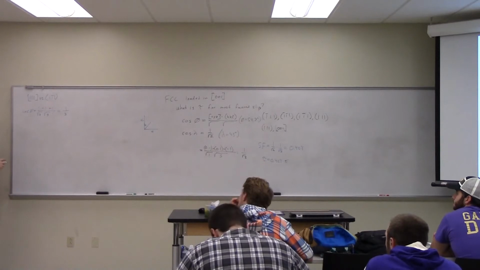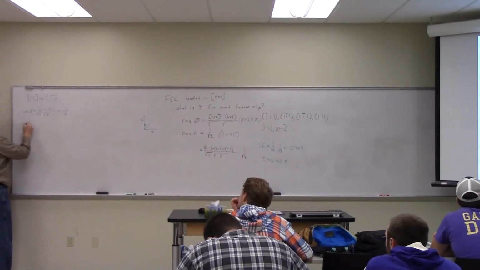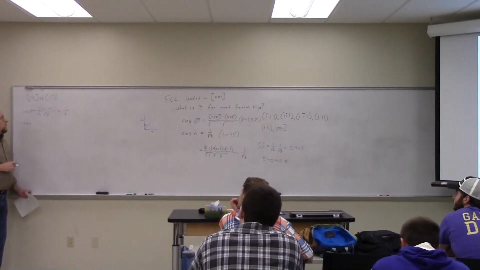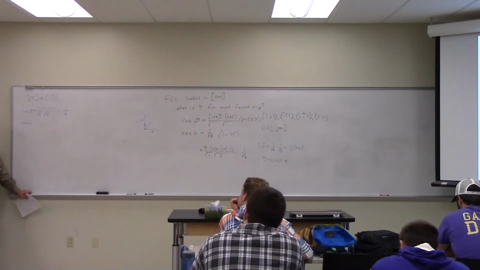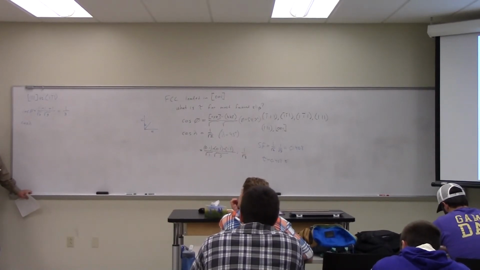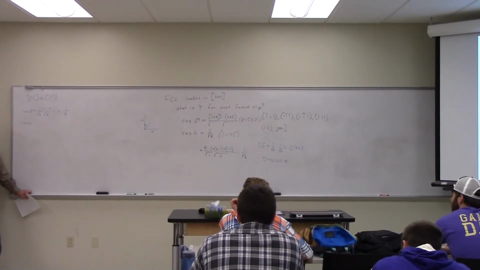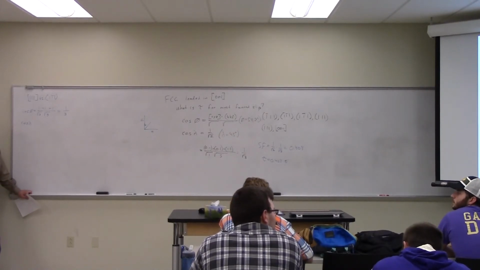So the square brackets tell you what direction you're pulling in, and the round brackets are the name of the plane. Then what is the name of the direction in the plane, of the slip?